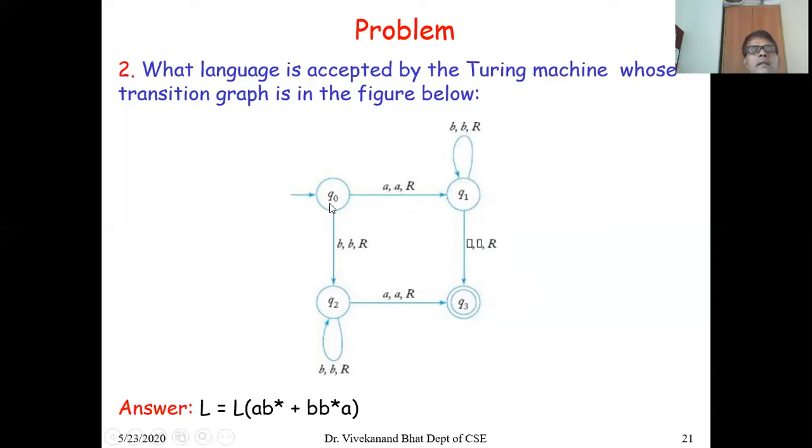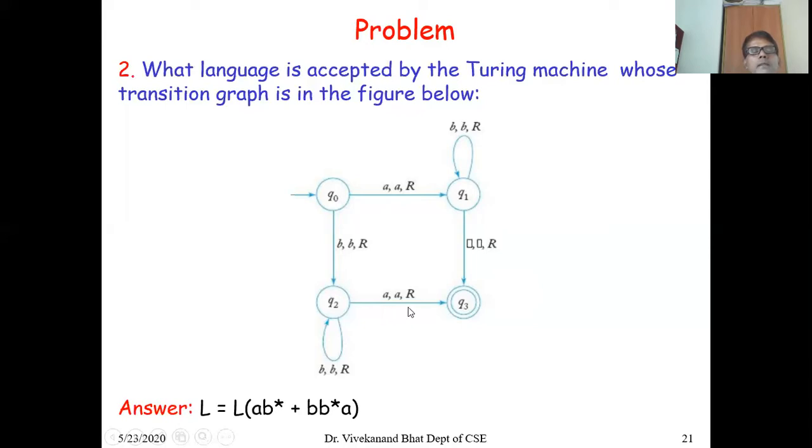Similarly, we have another transition. In Q0, it will read B, replace B by B, and move right. It will change the state to Q2. In Q2, it replaces B by B and remains in the state Q2.